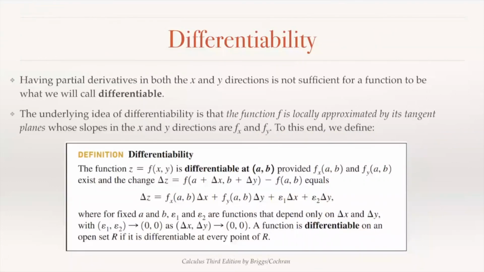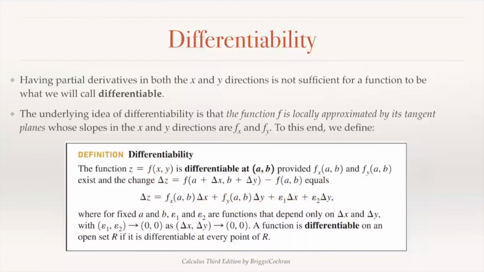So to this end, we define that a function z equals f of x, y is differentiable at a, b, if the partial derivatives exist, and the change delta z equals the partial derivative with respect to x times the change in delta x plus the partial derivative with respect to y times the change in delta y plus vanishingly small errors in essence.